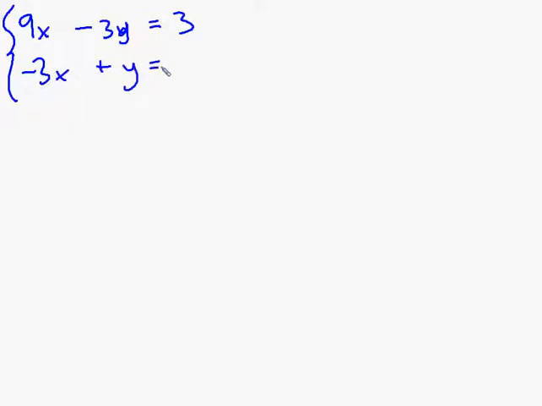Alright, let's do one that doesn't work out. This one does not work out. So I want you to see what happens. Alright, so which variable do you want to eliminate?